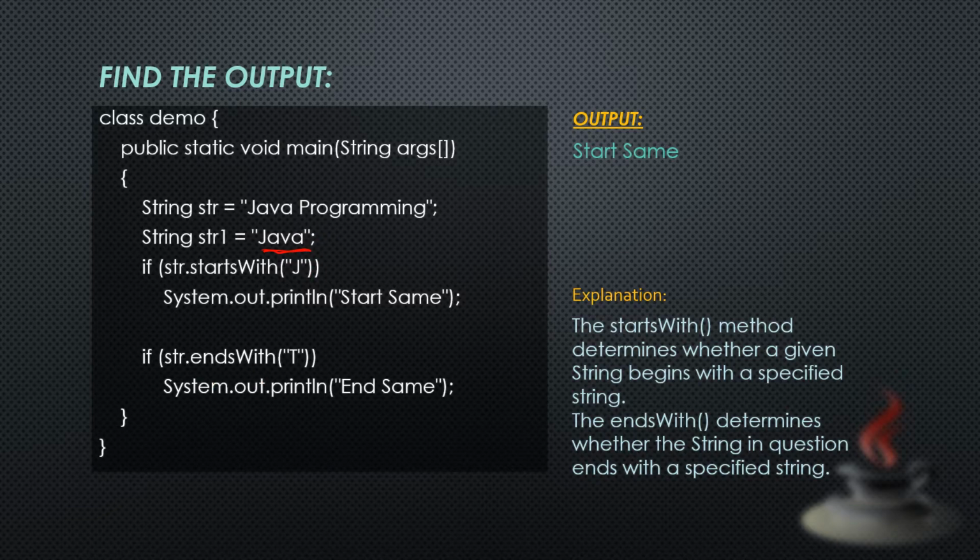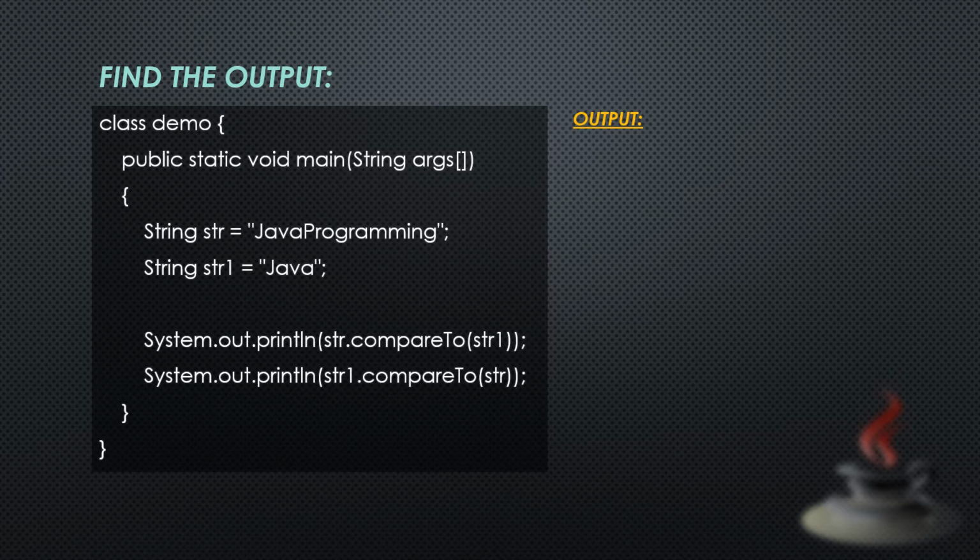So if you use endsWith a instead of t, the endsWith method returns a true value to your if statement, the condition is satisfied, and it will display end same. But in this program there is only one single line of output, that is start same. That's it.